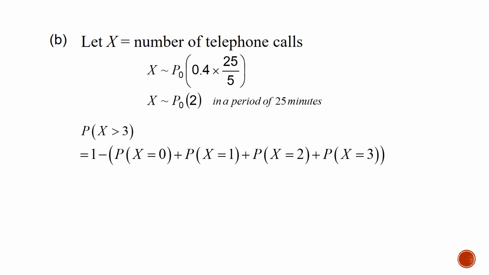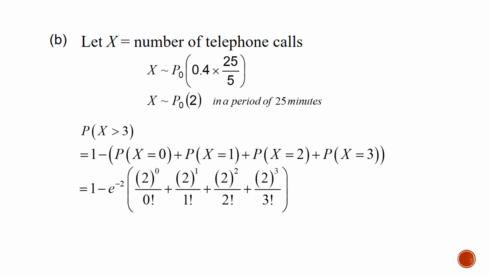So P(X less than or equal to 3) is P(X equals 0) plus P(X equals 1) plus P(X equals 2) plus P(X equals 3). So substituting the values of x, when x is 0, when x is 1, when x is 2, when x is 3.